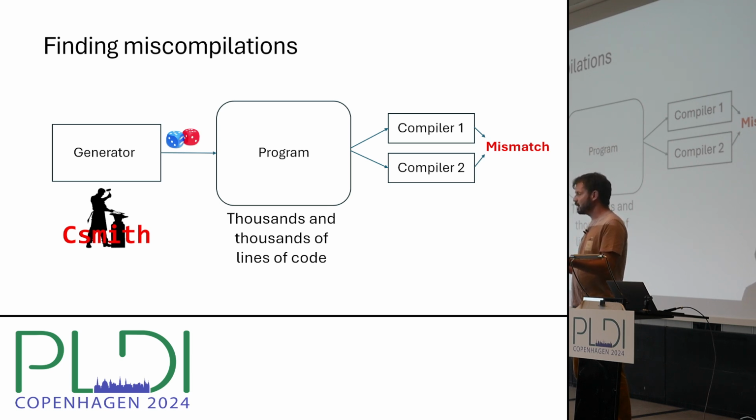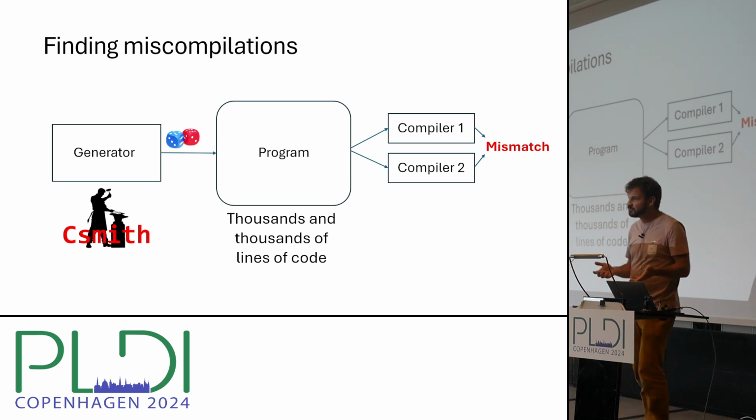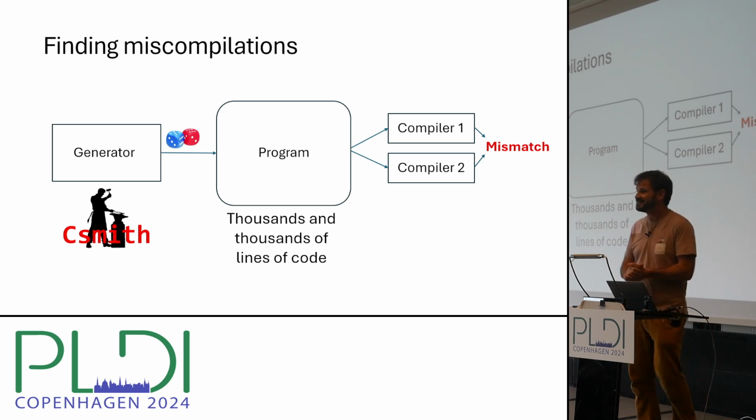But even if you did, you wouldn't be able to realistically solve the problem by looking at one of these ginormous programs. If you filed a 10,000 line program to GCC and said, this program should give this result, but it doesn't, the GCC developers are probably not going to believe you and are going to have a very hard time debugging the problem, even if they do believe you.